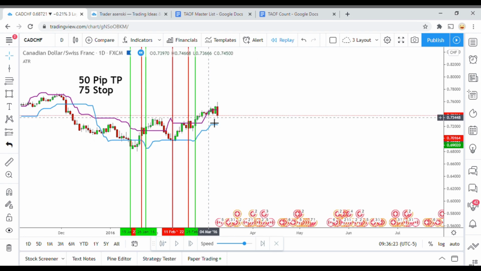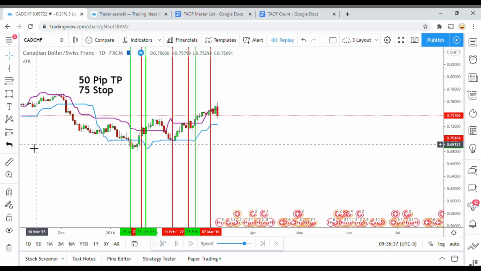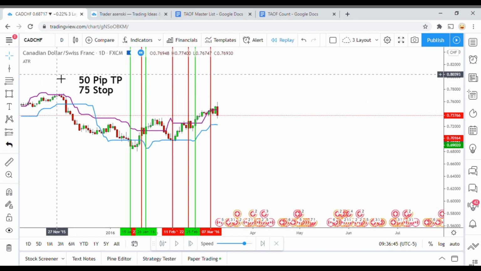All right, let's see here. So we drop into the center there, we spike up above right there. I'm wondering if, yeah, so we would have been out on that one.